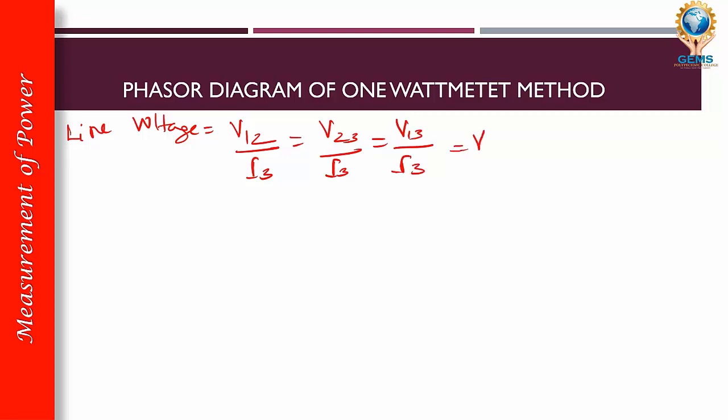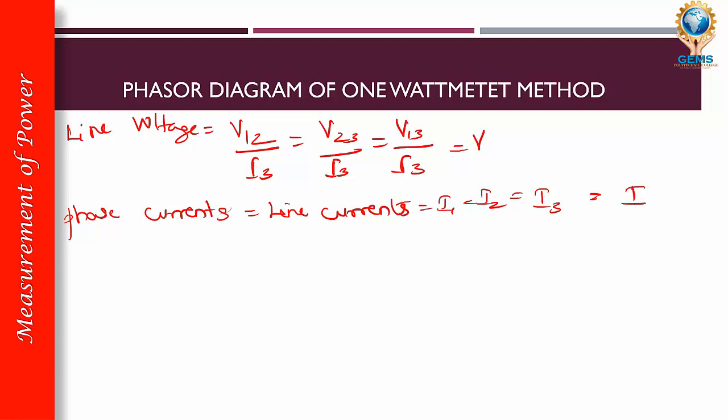And similarly, if we take phase current and line current, it will be the same. Only the voltage should be divided by root 3. And power factor is always determined by cos phi.